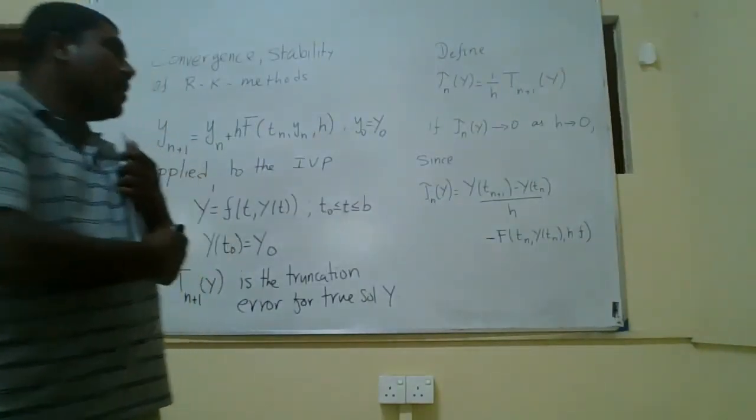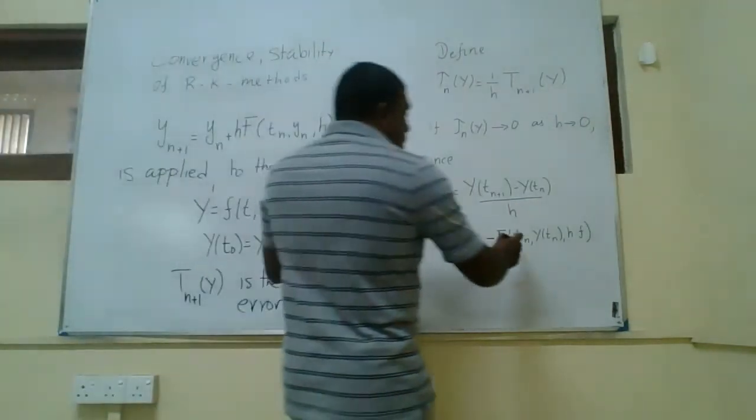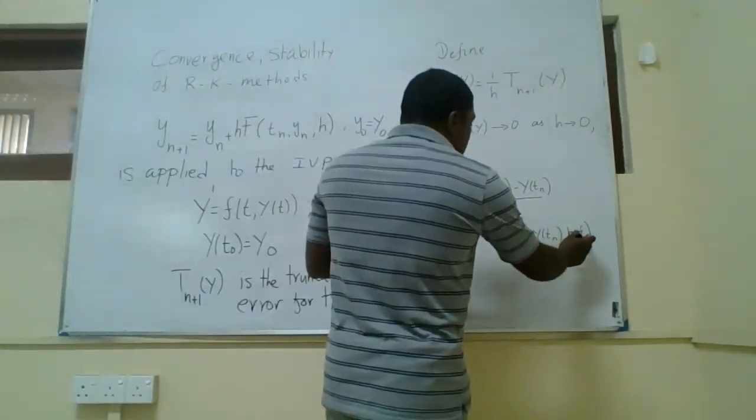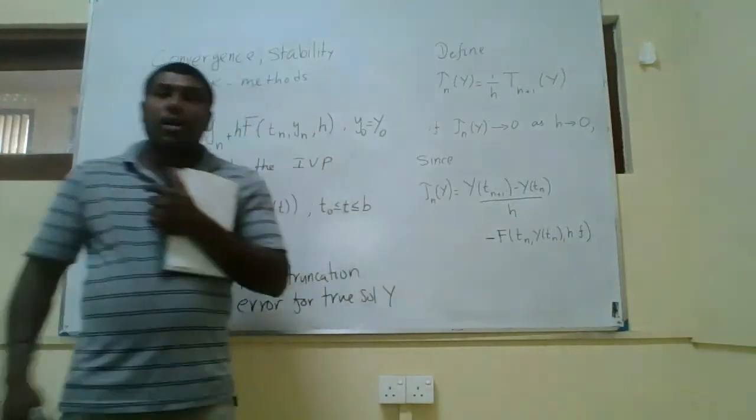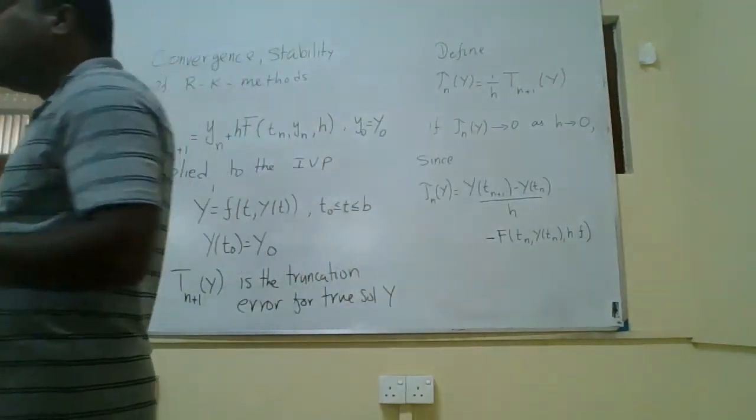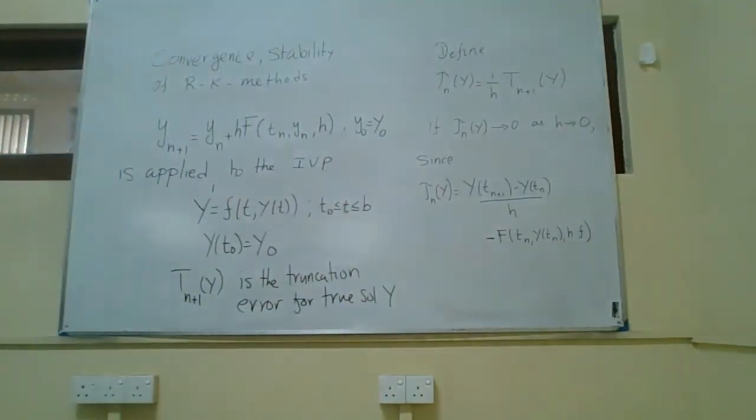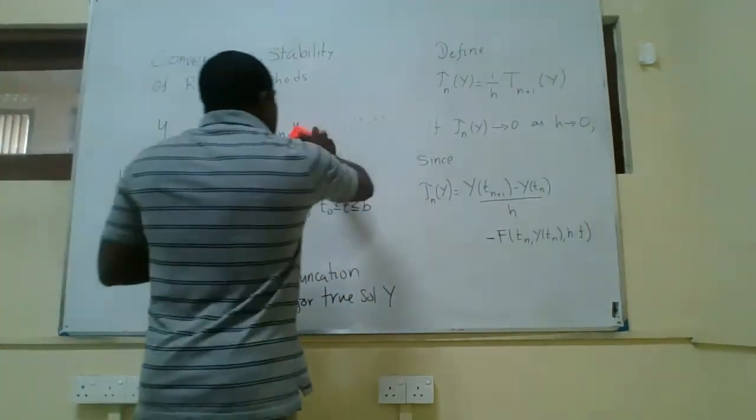That is why I put t_n, Y(t_n), h, and then colon f, because capital F depends on f as well. That is important, because when we are talking about limits, that might also play a role there. So let's keep it that way.